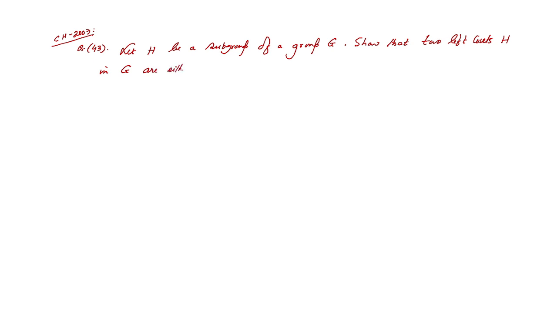Let H be a subgroup of a group G. Show that two left cosets of H in G are either disjoint or identical.